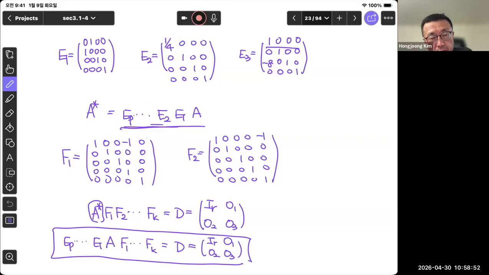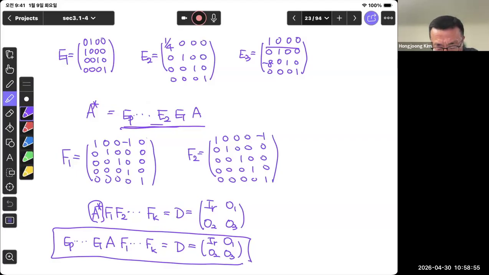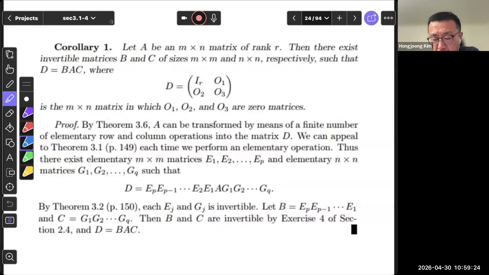So the theorem claims that if I have such a matrix, then by multiplying some elementary matrices from the left or from the right, you get this D matrix, right? And please note that all these elementary matrices are invertible. Okay. So from this, we have the following theorem.